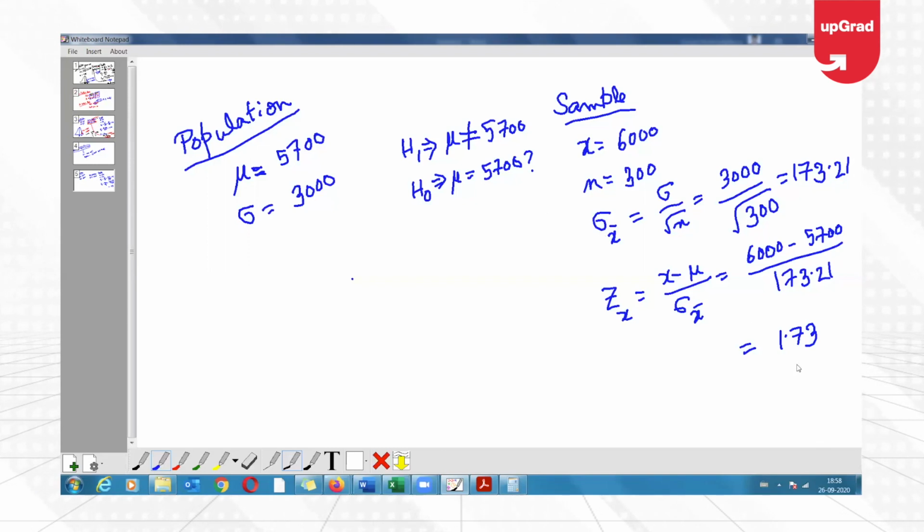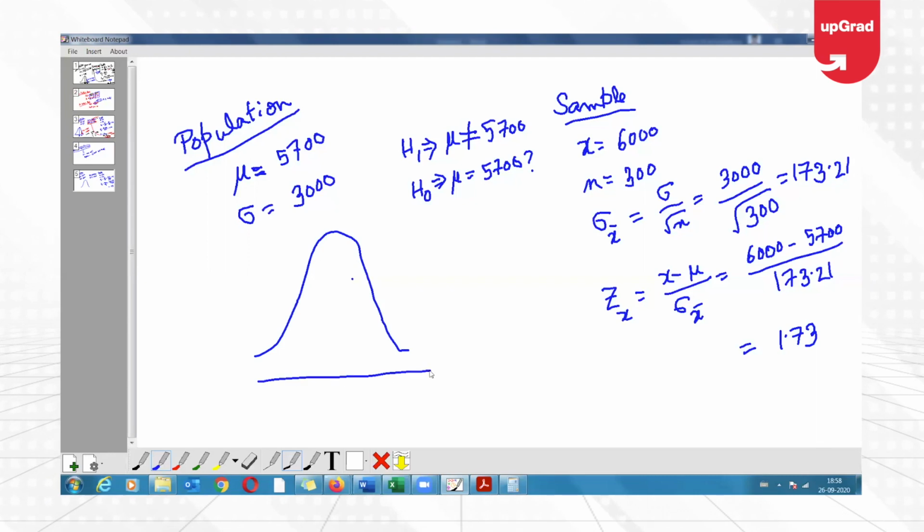here notice that I have not even looked at the p-value. In case I have to, let's do that as well. So this is 5,700. This is 6,000. And this is one of the rejection regions.